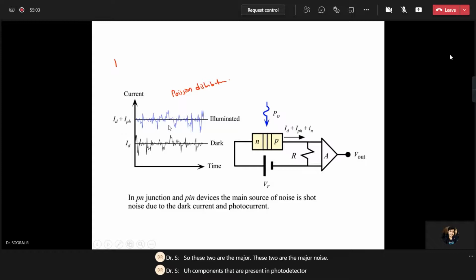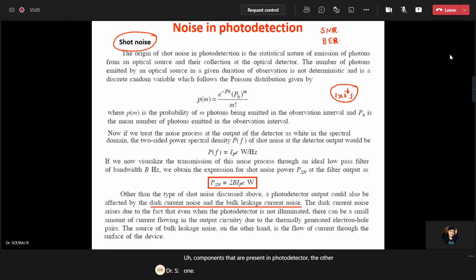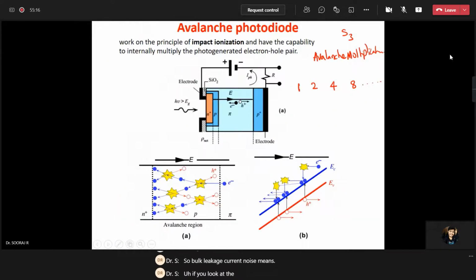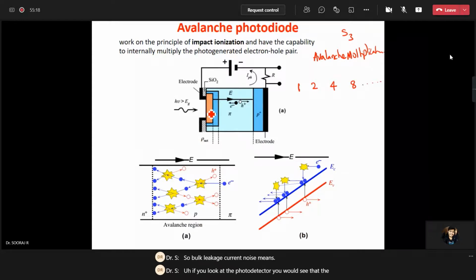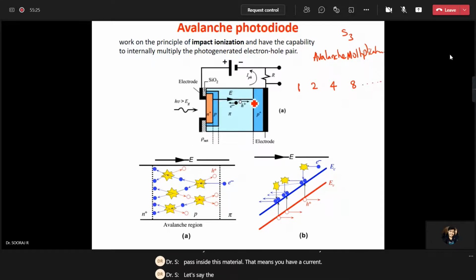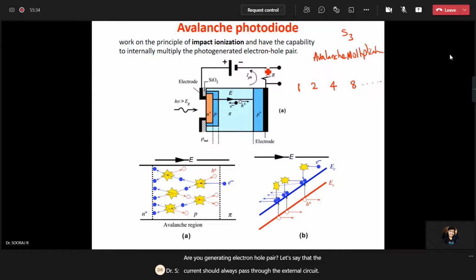The other one is what is called the bulk leakage current noise. If you look at a photodetector, you would assume that the current should always pass inside this material. That means you have a current, let's say the electrons, or you generate an electron-hole pair. The current should always pass through the external circuit.